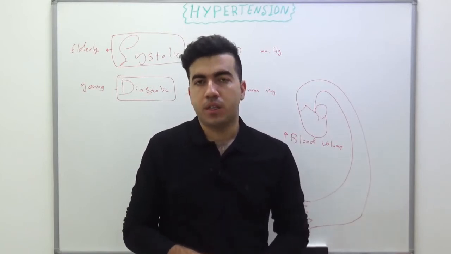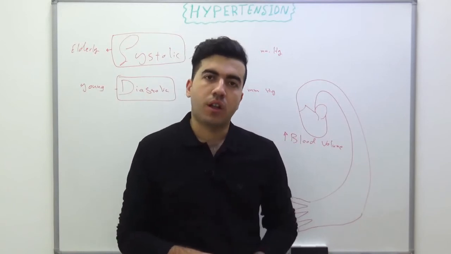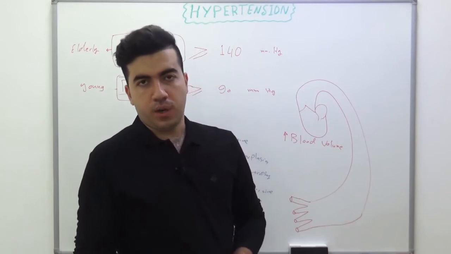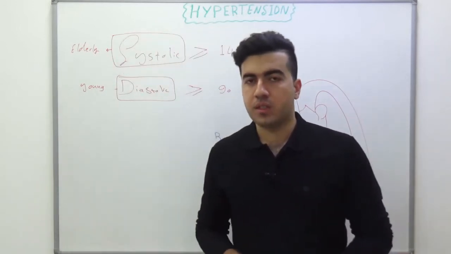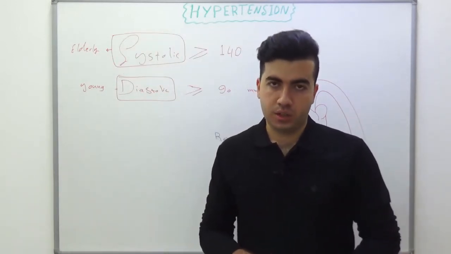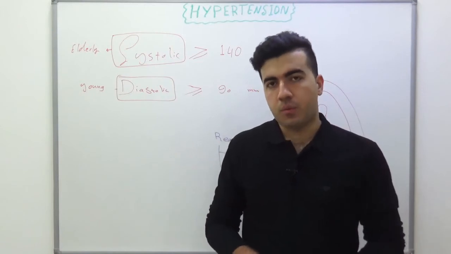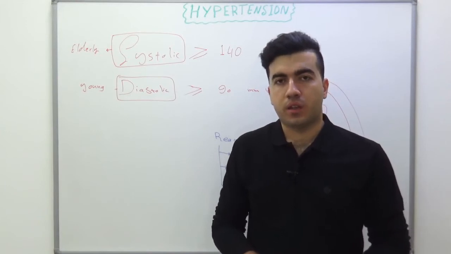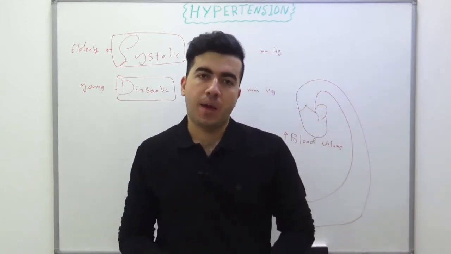But there's another condition called masked hypertension. In this patient, the blood pressure is normal in the clinic but elevated outside the clinic. And again, ambulatory blood pressure monitoring is very useful for identifying patients with masked hypertension.